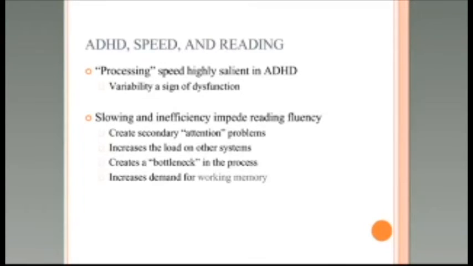It creates a bottleneck in the process and increases the demand for working memory, or the ability to hold multiple steps, multiple pieces of information in mind and integrate them effectively so that by the time the individual gets to the end of a passage or a chapter, they're actually able to remember what it was that they read, make inferences, and take information away with them.